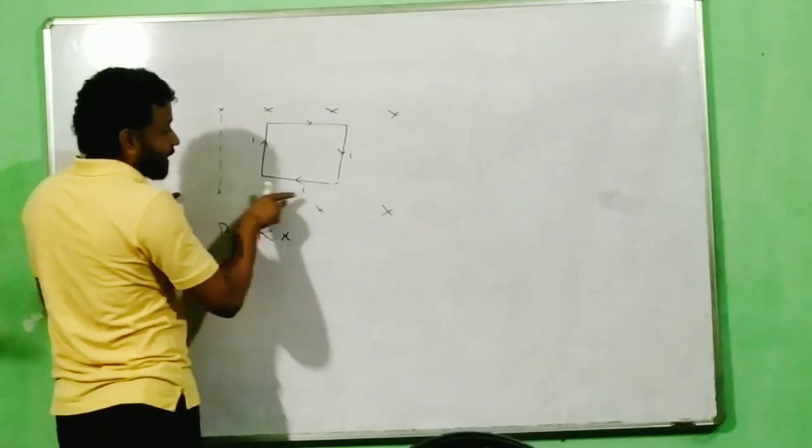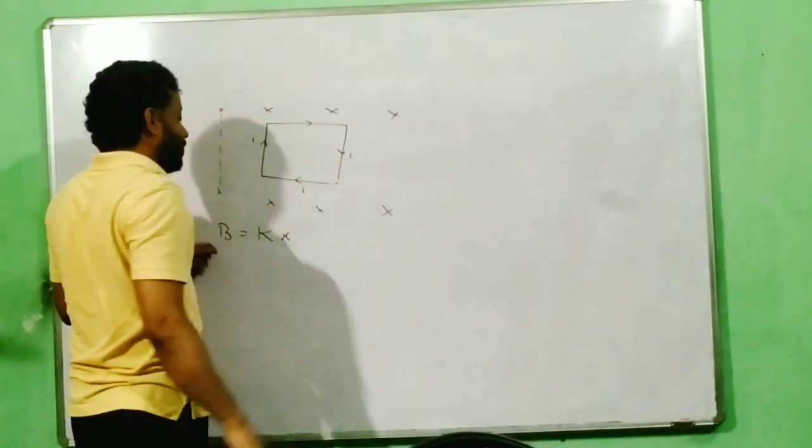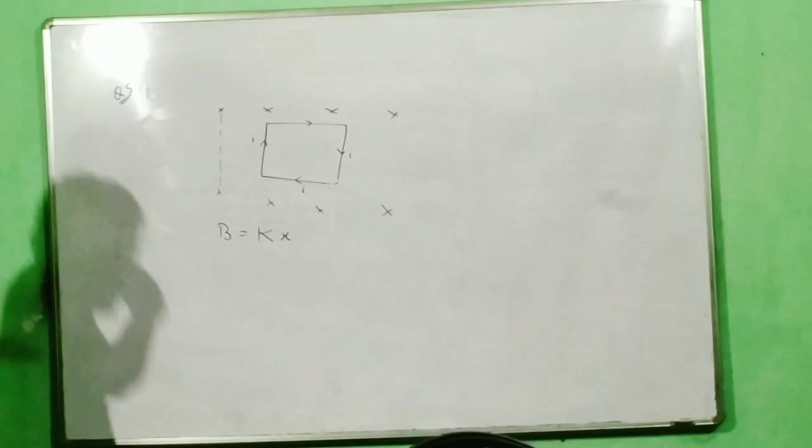That means as you increase the value of x in that direction, the value of magnetic field will keep on increasing.